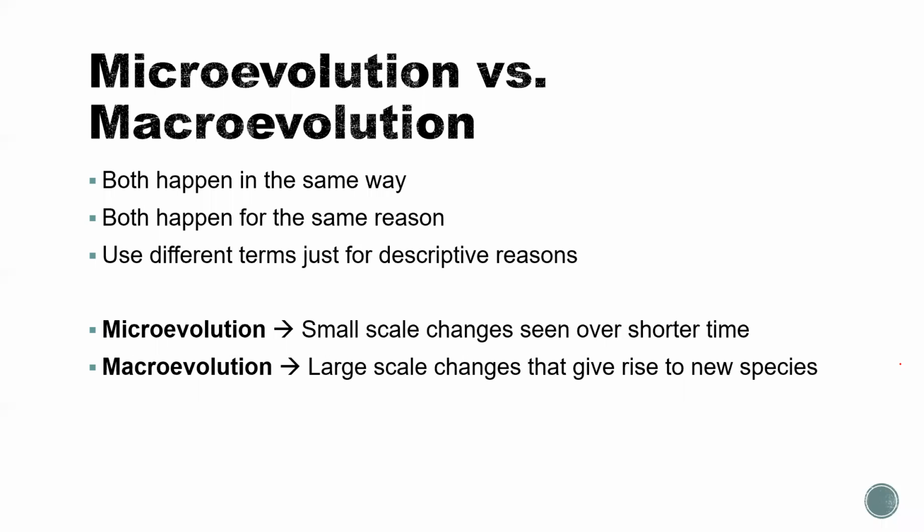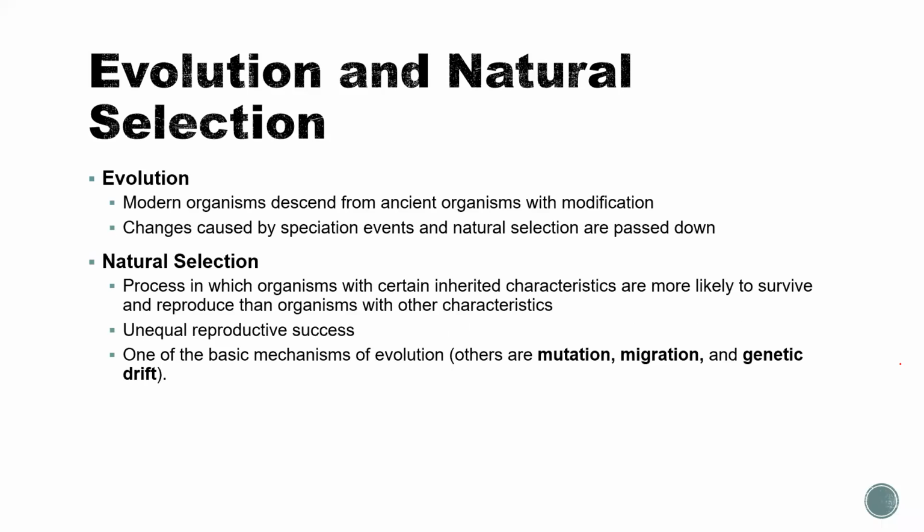And so these will occur over thousands or hundreds of thousands of years. Microevolution could be anything over a couple of days if we're talking about an organism that has a very short lifespan, or it could be longer depending on what kind of organism we're talking about. So we'll use both of those terms, but they happen the same way. It's just whether the changes are small or whether they're large.